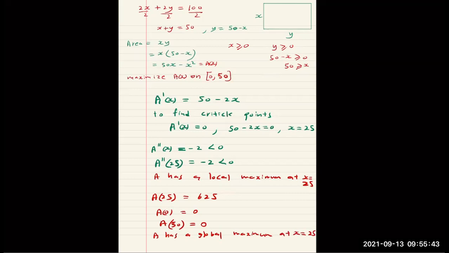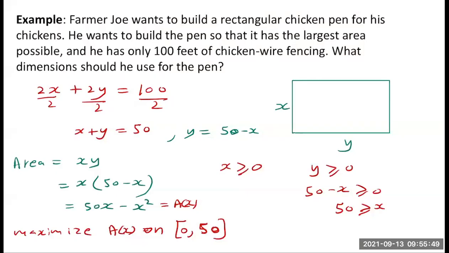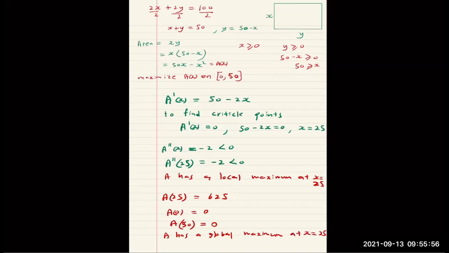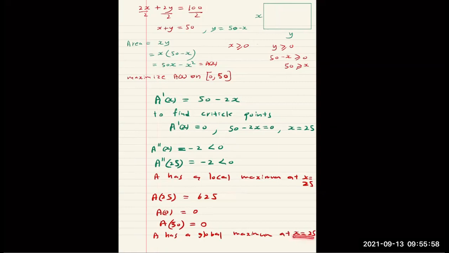Okay, now we know that we have a global maximum at x is equal to 25. But go back and look at the question. What does the question ask? We need to find the dimensions that we should use to maximize the area, right? We know that the area is maximized when x is equal to 25. So we found the value of x. Dimensions means we need to find the value of x and y both.